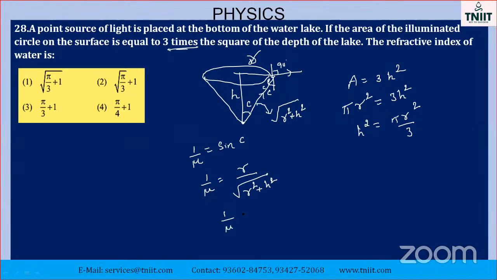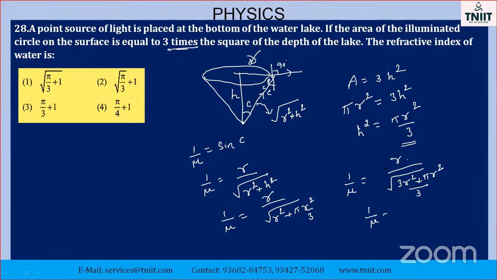So 1 by mu equals r divided by root of r squared plus, in the place of h squared, I can substitute pi r squared by 3. So 1 by mu is equal to r divided by root of r squared plus pi r squared by 3. If I take out r squared as common, I can cancel it.